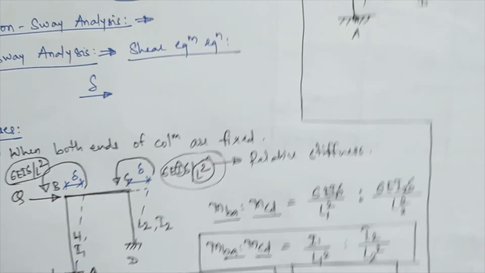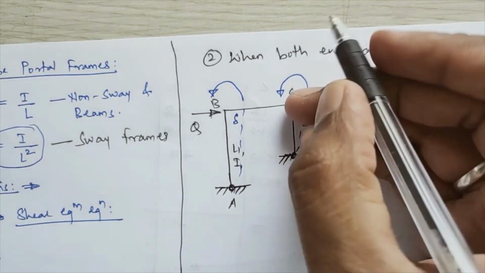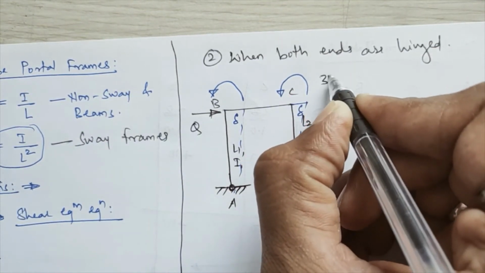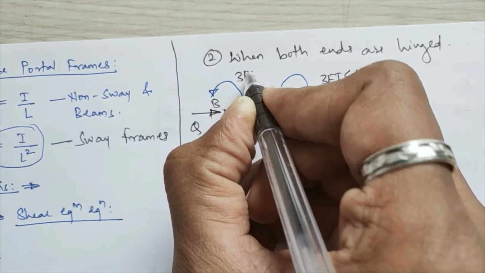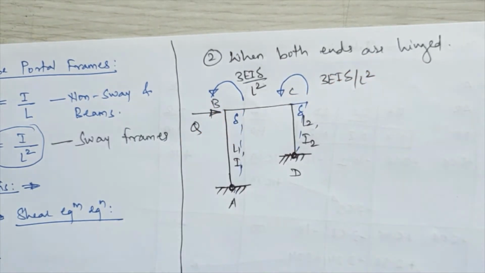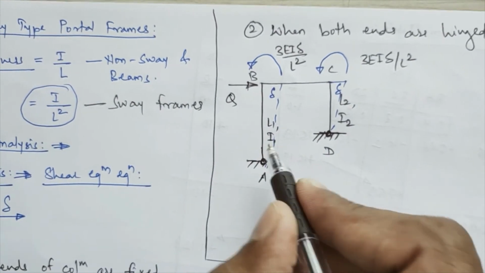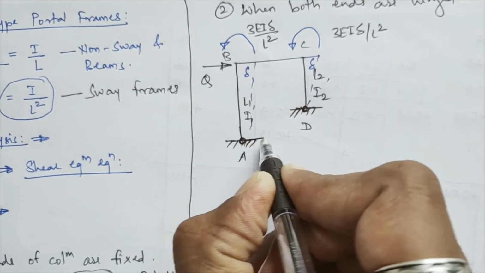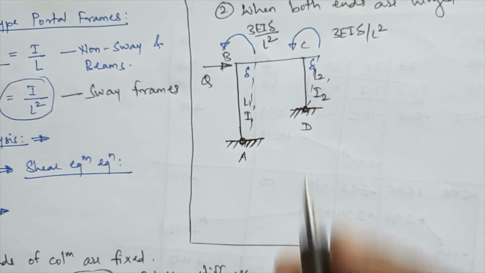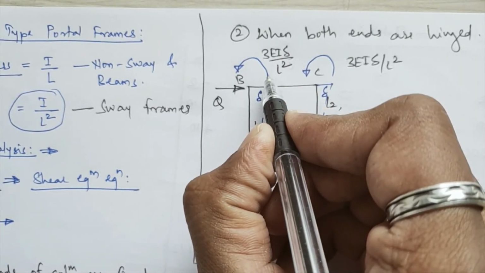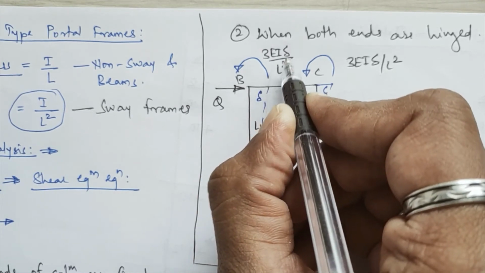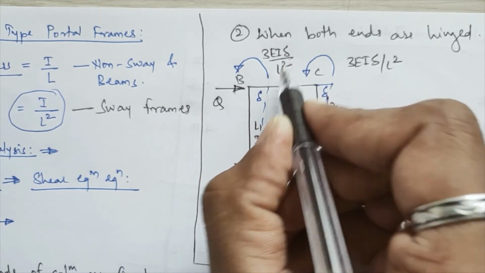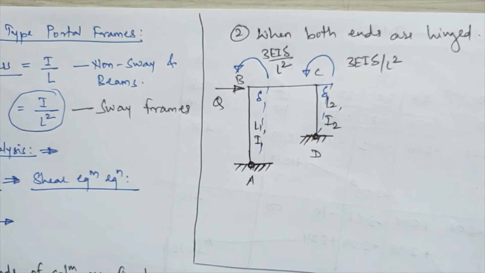Here, in the case of the hinge support, this value comes equal to 3EI delta upon L square, and this will also be 3EI delta upon L square. So note the change. When your far end is hinged, your translational displacement allows the moment of 3EI delta upon L square. Instead of 6 here, you have to make it 3.